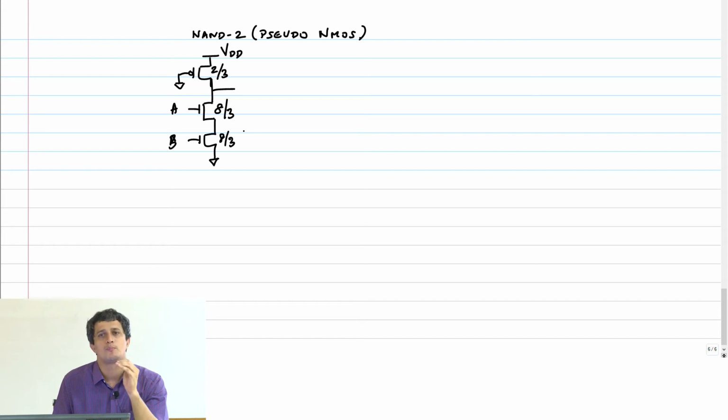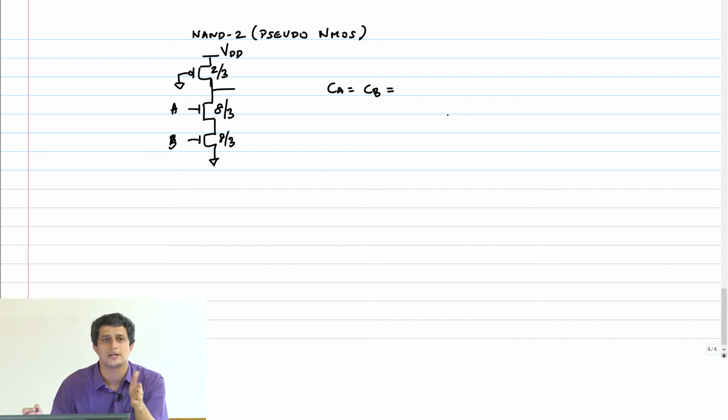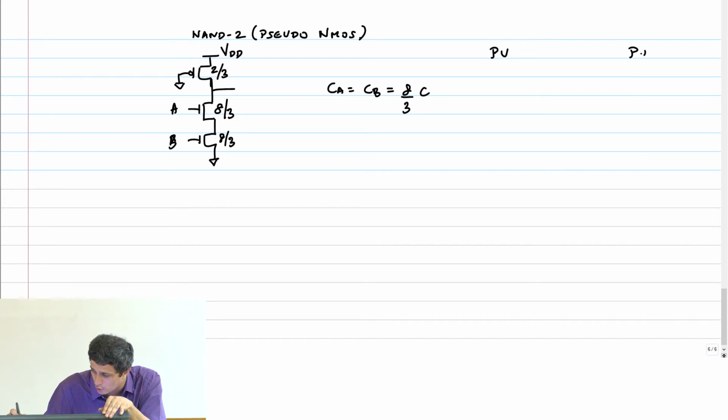Now, what is the pull-up logical effort of this guy? CA equals CB, the capacitance on the inputs. What are they? What is the capacitance first? 8 by 3 times C. Correct? So what is the pull-up logical effort? So how do you do that? Again you have to construct the reference inverter for pull up, pull down.